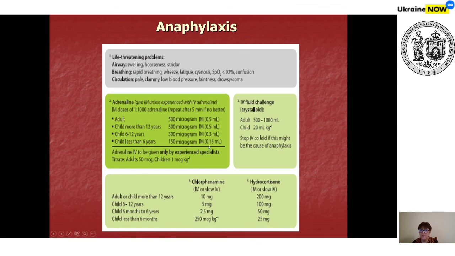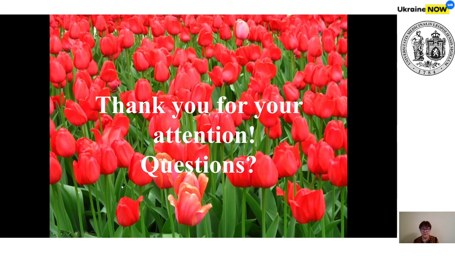You should give such patients fluids intravenously, half up to 1 liter of crystalloids in adults and 20 ml per kg in children. Intramuscular or intravenous administration of chlorphenamine and hydrocortisone is also recommended. Thank you for your attention.